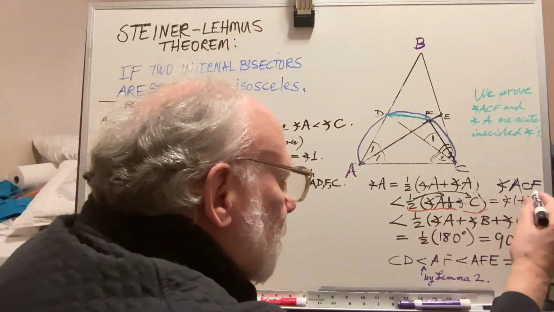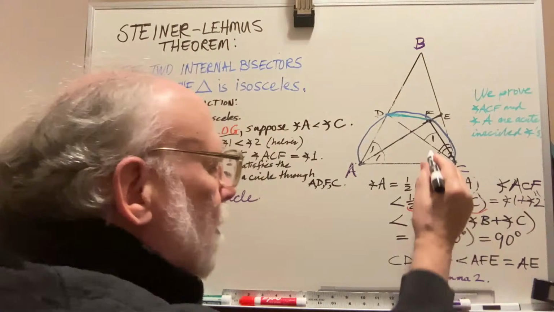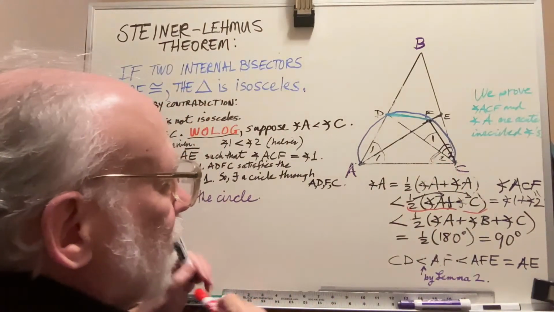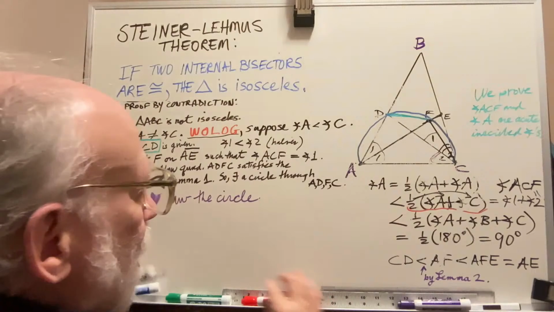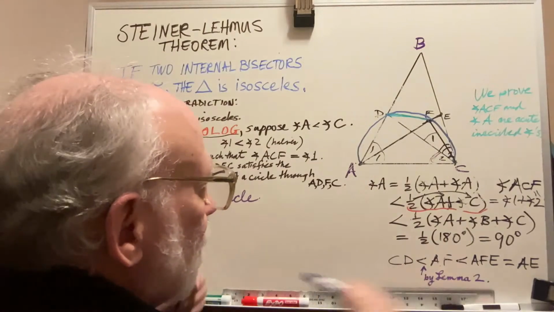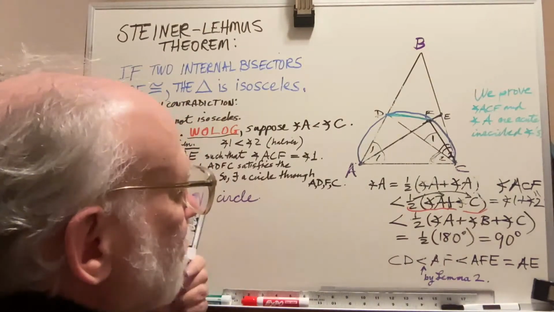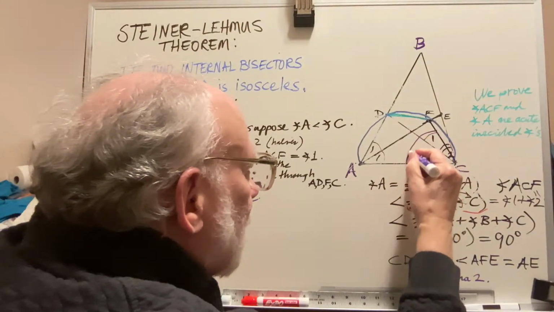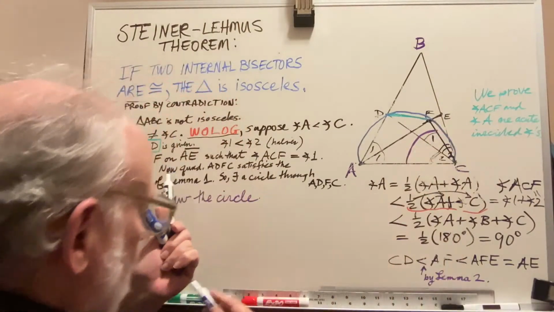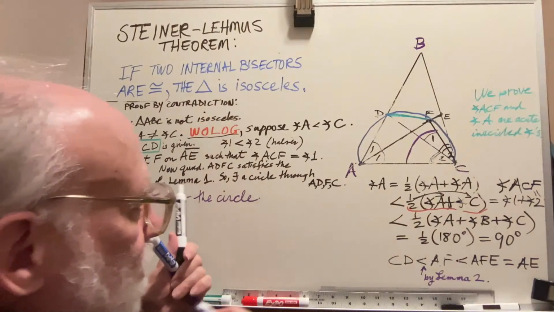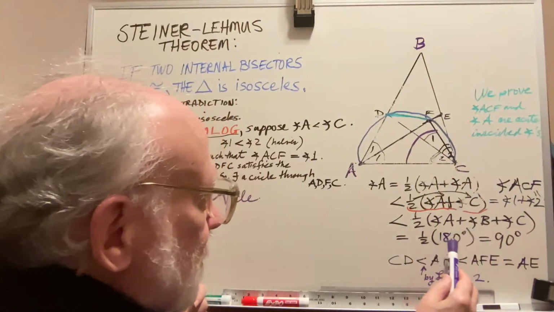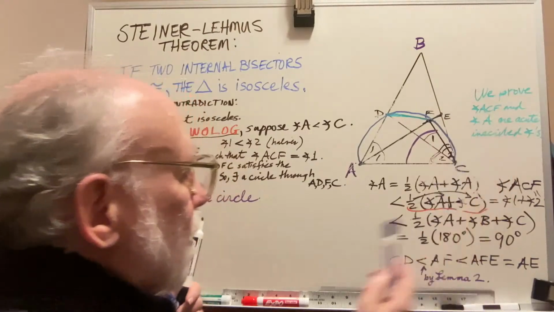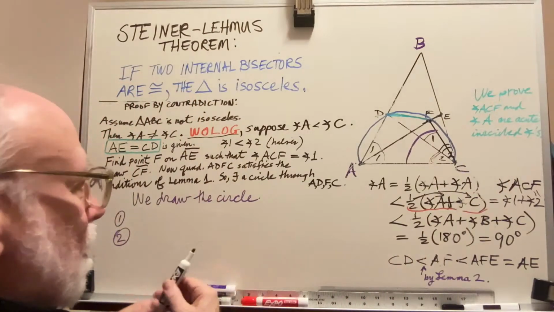Angle 1 plus angle 2 is ACF. So ACF is less than 90 also. So these two angles are acute.